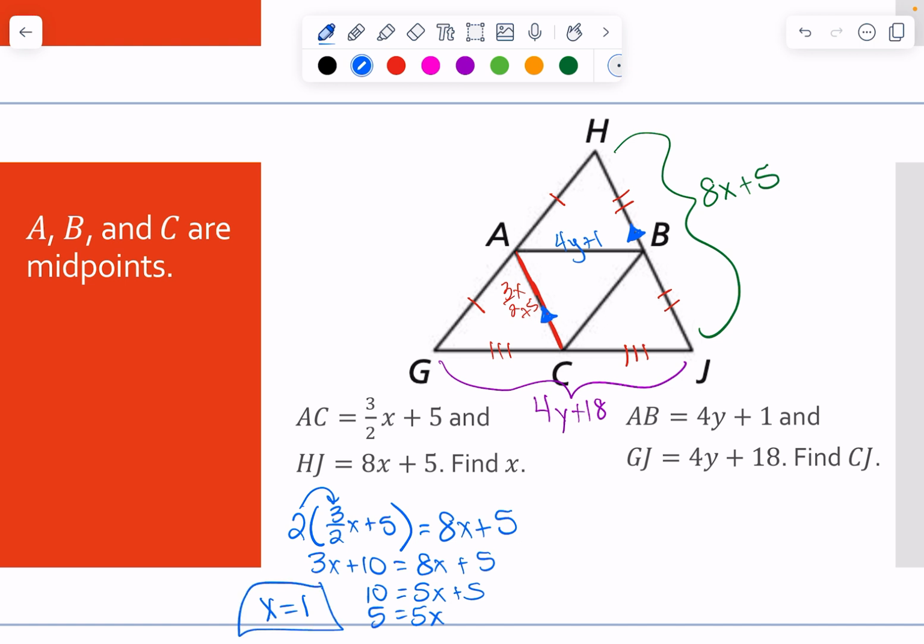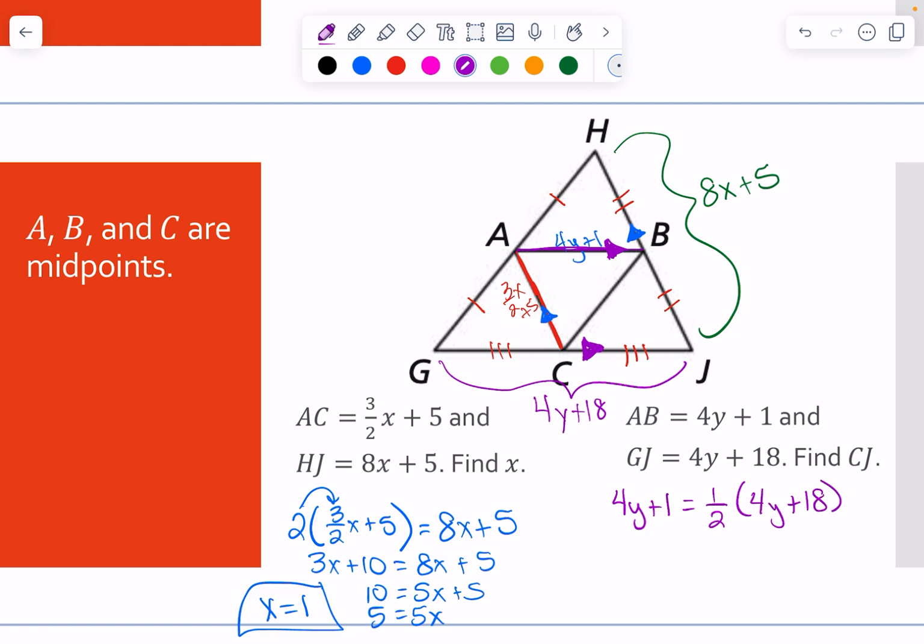Okay? Then on the second one over here, I know that AB is parallel to GJ. So again, what do I know? I know that AB, 4y plus 1, is equal to half of 4y plus 18.